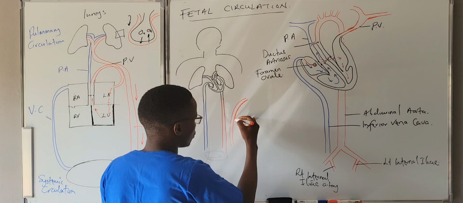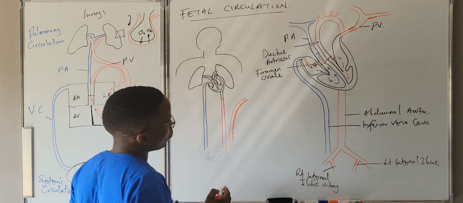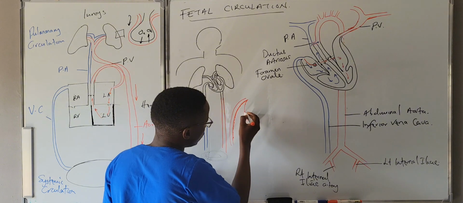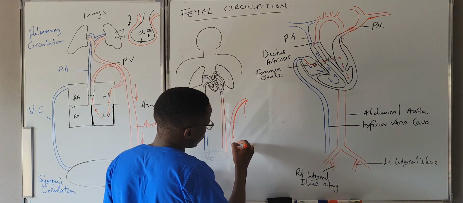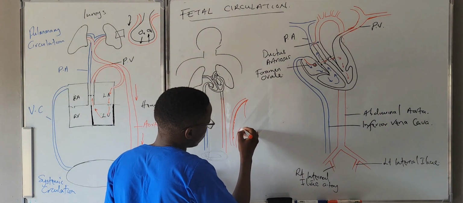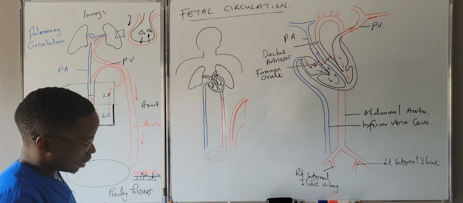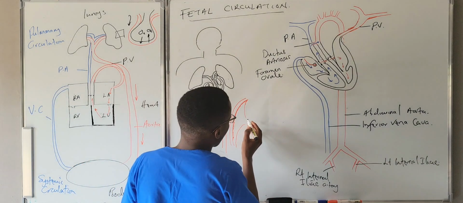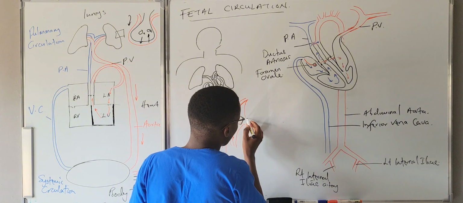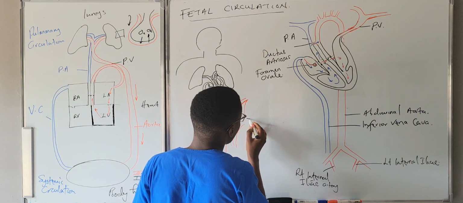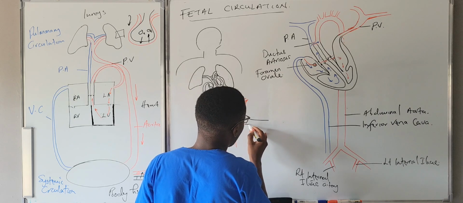Then we have what is called the placenta, and this placenta is connected to the baby through what is called the umbilical cord.